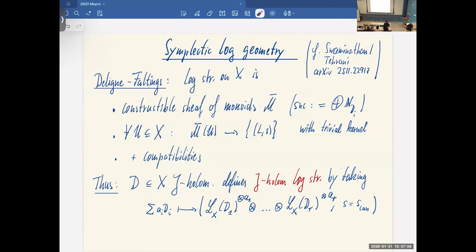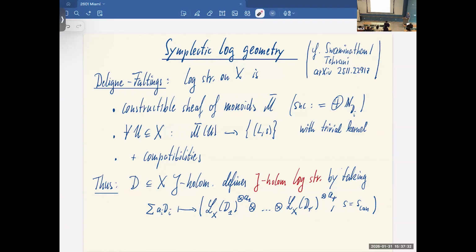Okay. Oh, yeah, I wanted to mention that. Incidentally, just last November, Mohan and Mohammed posted a paper on the arXiv that spells out all of this in a way that is, I think, designed for a symplectic audience.